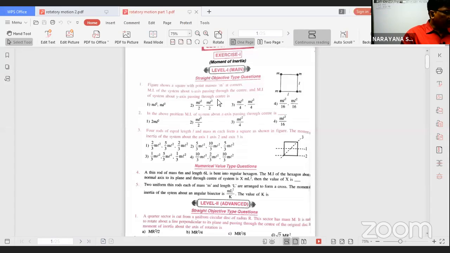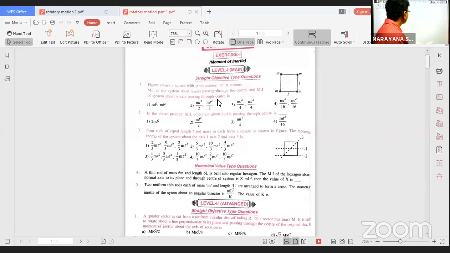The figure shows a square with point masses m at corners. Find the moment of inertia about the x-axis passing through the center and the moment of inertia of the system about the y-axis passing through the center. Both are the same, no?